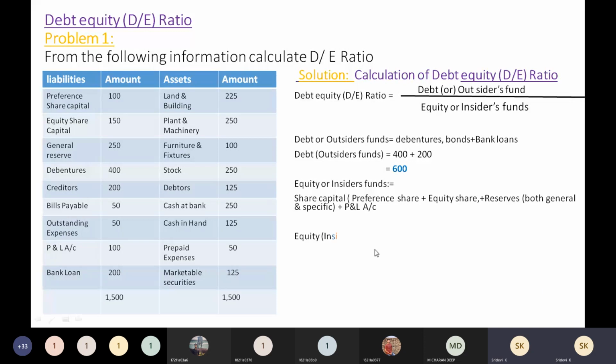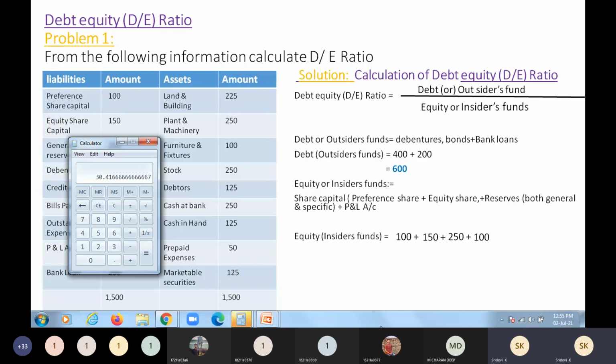So add these amounts which were given in front of each liability. Preference share capital is 100, no? Take 100 plus equity share capital is 150, add the 150. General reserve is 250, add 250. Plus what more we have? Profit and loss account, 100 rupees, that also you add here. So sum up all these things.